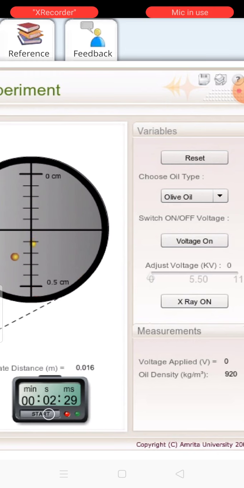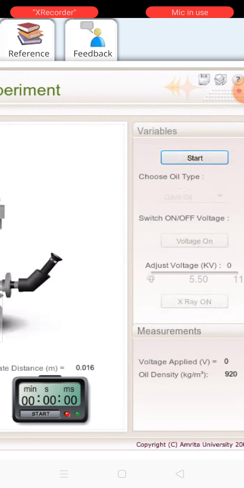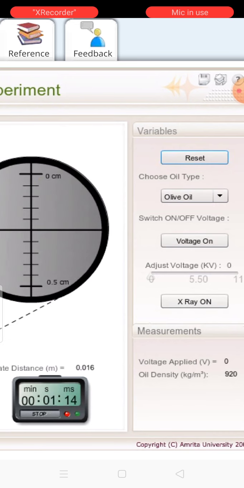Stop. Start. Whenever you do this, you just make a double click, otherwise it will not work. Start, then stop, then double click.